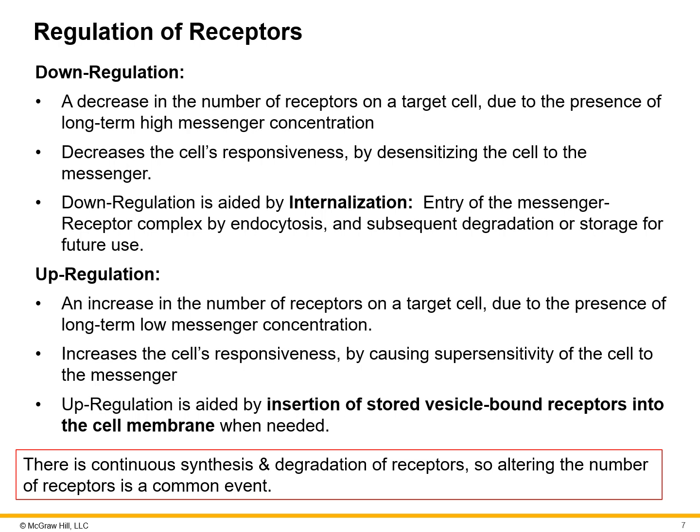This decreases the cell's responsiveness by desensitizing the cell to the messenger. Downregulation is aided by a process called internalization, entry of the messenger-receptor complex by endocytosis, and degradation or storage for future use. Okay, so downregulation is going to happen on a target cell that doesn't have very many protein receptors on its plasma membrane.